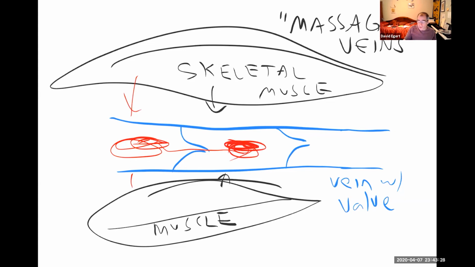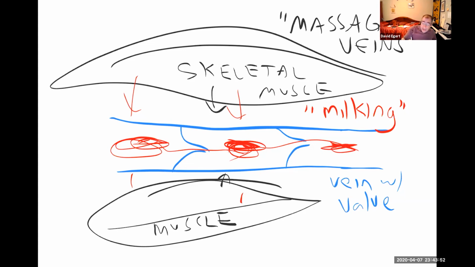Now it's over here. Once the blood is further down the line, it can't go back anymore. And then they squish again and push. It's a little further down the line. So this milking is one of the ways you're keeping the blood flowing one way back to the heart, even though the pressure is really low.